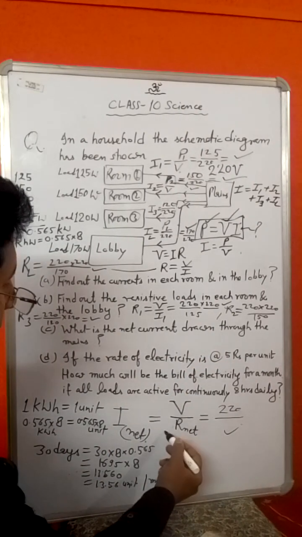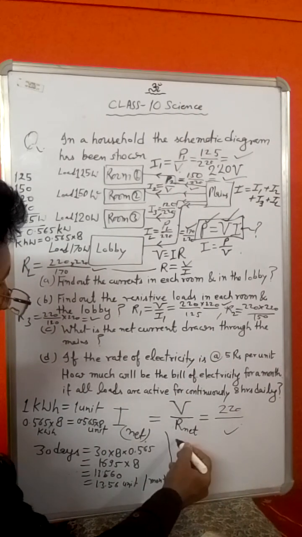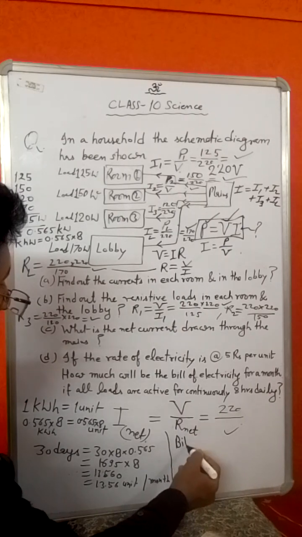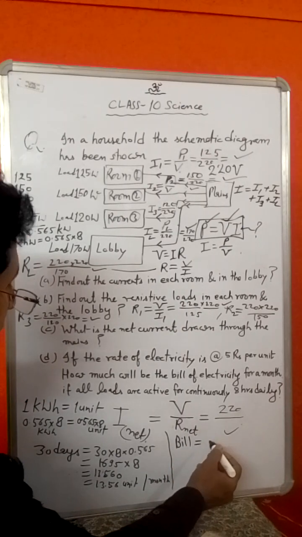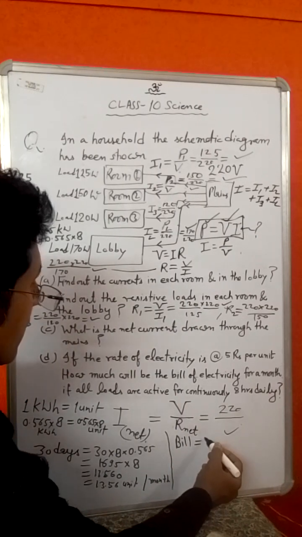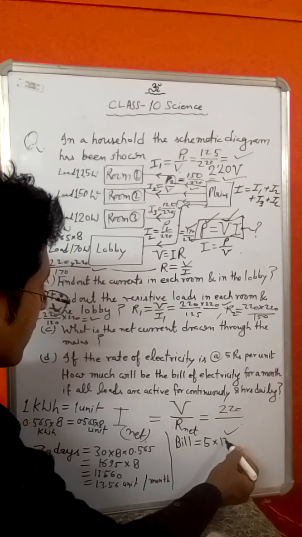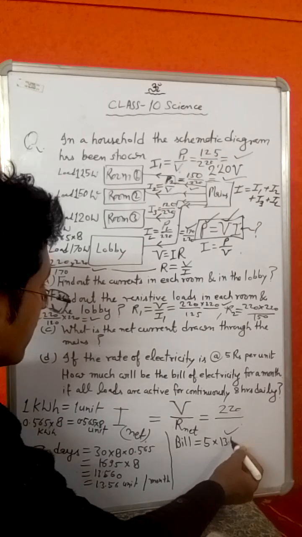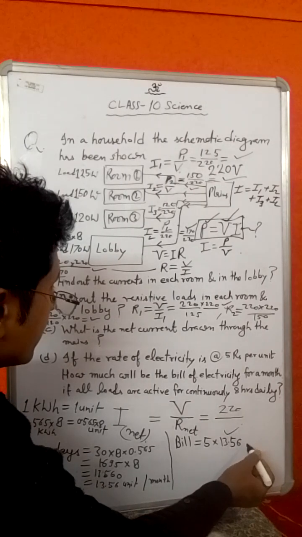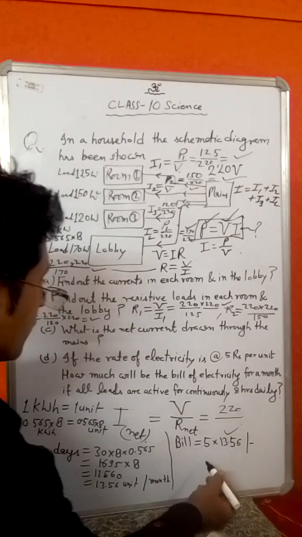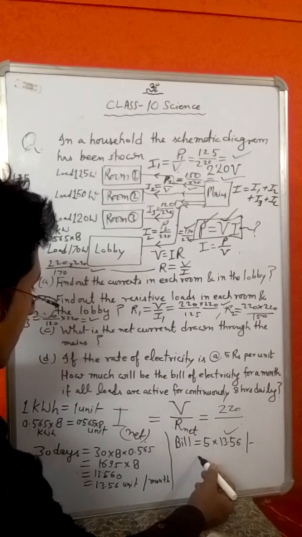So monthly bill is equal to 5 into 13.56 rupees, right?